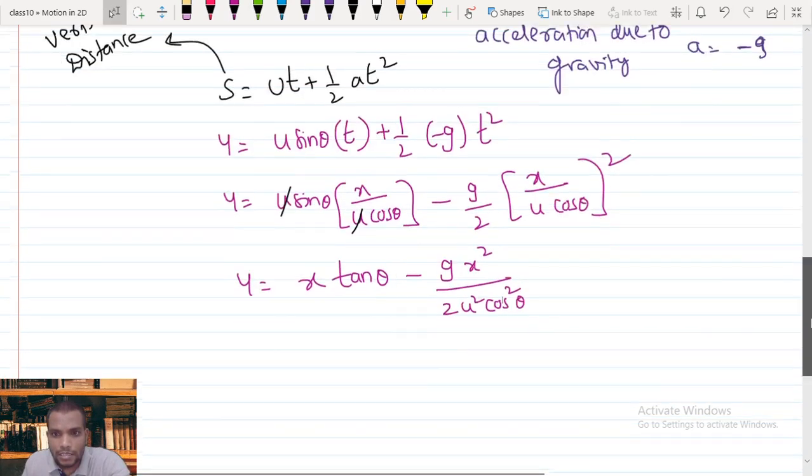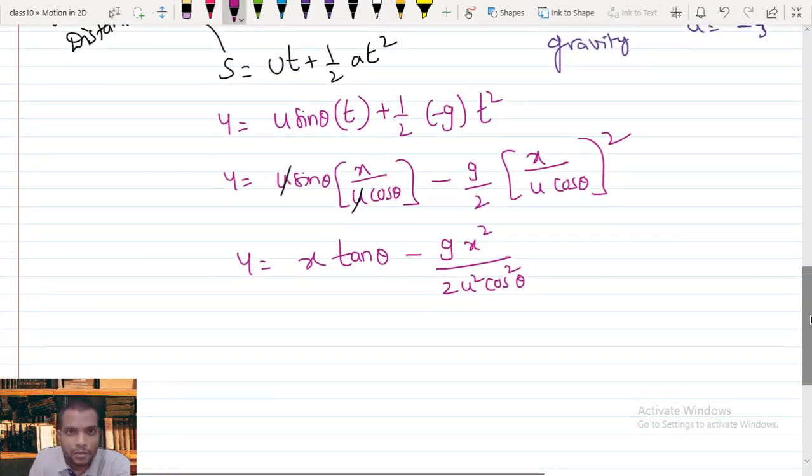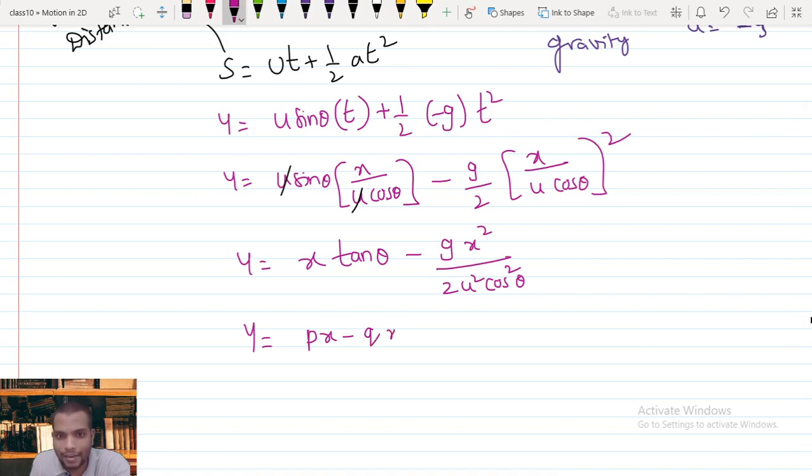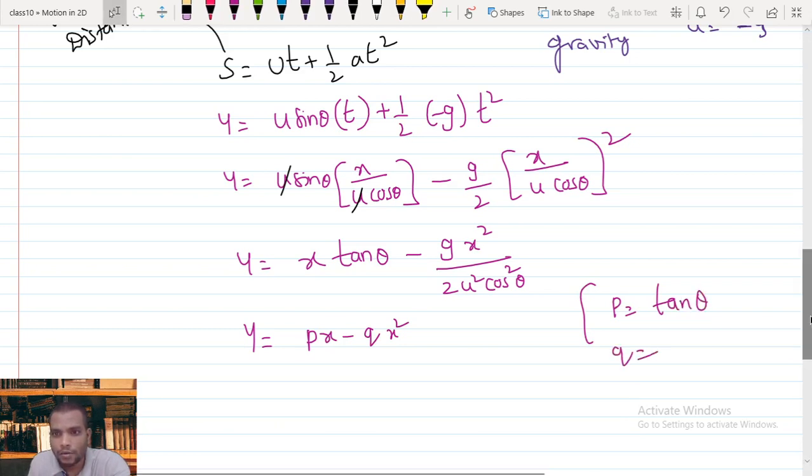This much is difficult to remember, so we make it short: y equals p times x minus q times x square, where p equals tan theta and q equals g upon 2u square cos square theta.